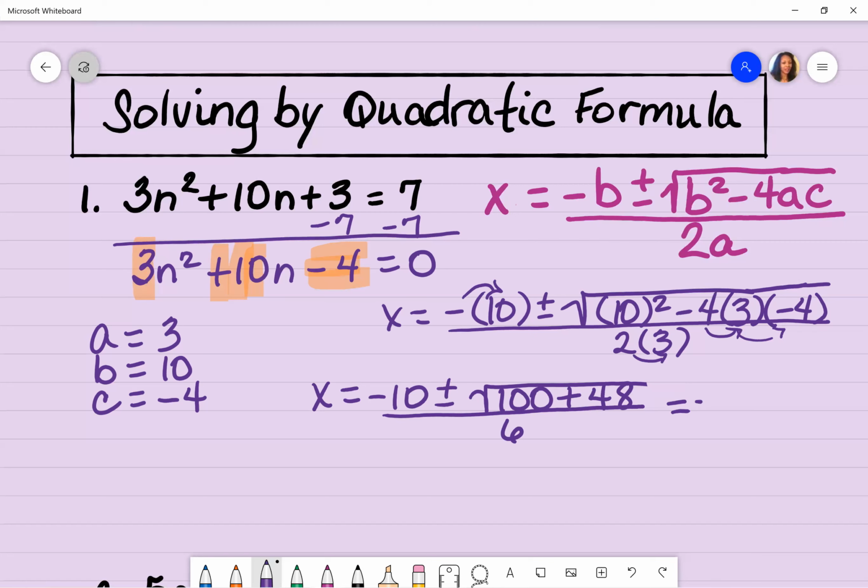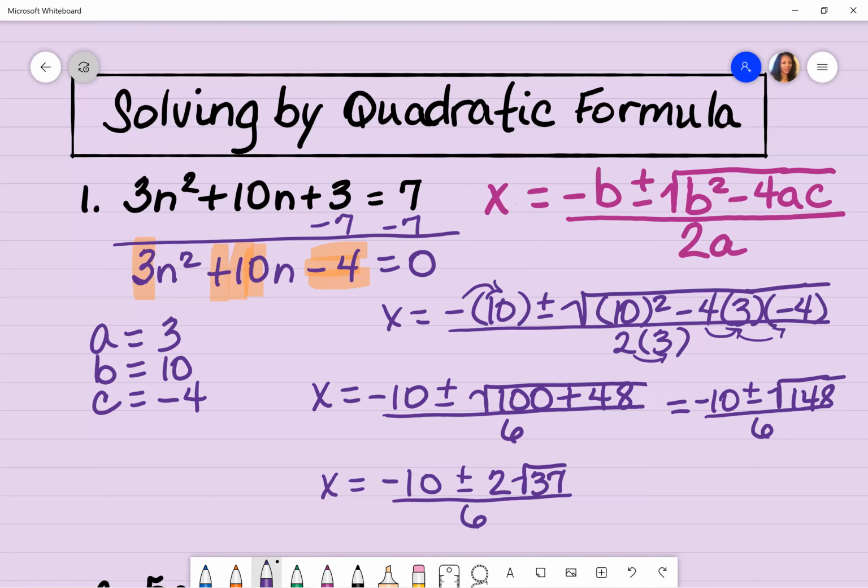So -10 plus or minus the square root of 148, all divided by 6. Again, keep going. -10 plus or minus the square root of 148, and that gives us 2 radical 37, all divided by 6.